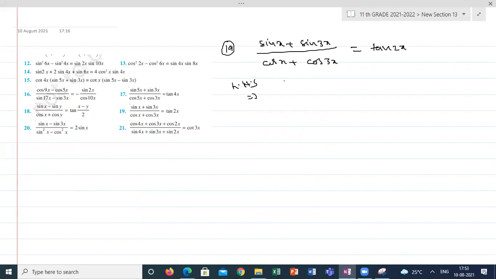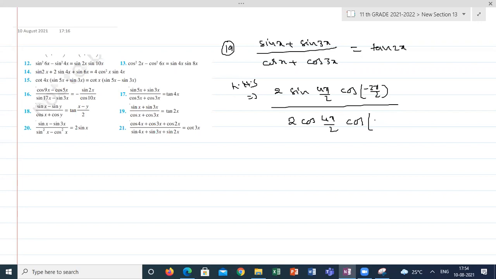The numerator uses the sin C plus sin D formula: 2 sin(4x/2) cos(−2x/2), divided by 2 cos(4x/2) cos(−2x/2). The cos(−2x/2) cancels, and the 2 cancels. So I'm getting tan(4x/2), that is nothing but tan 2x.